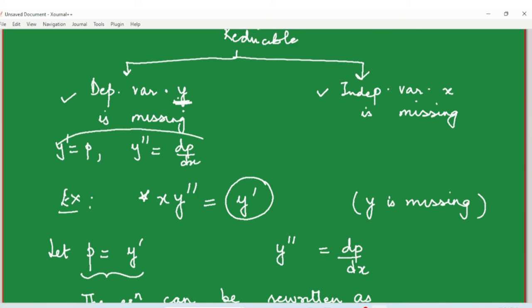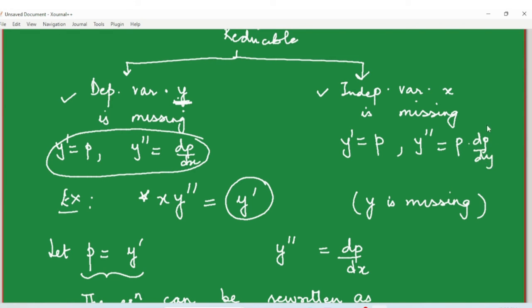So this is the approach which helps you to reduce the second order differential equation into a first order differential equation in terms of p and x. And if the independent variable is missing, you start by calling y dash as p only, but for y double dash, instead of writing it as dp by dx, you will write it as dp by dy into dy by dx, which makes it p into dp by dy.